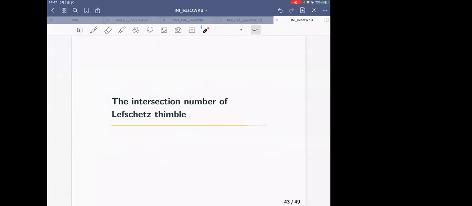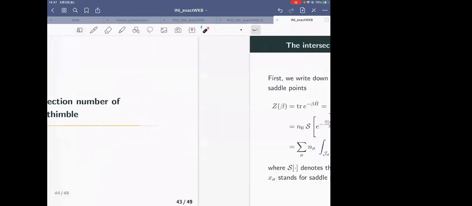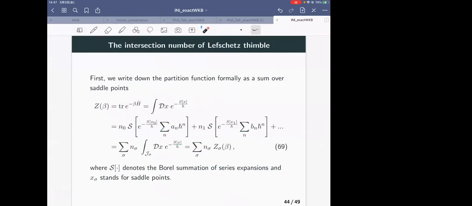Okay, after that, let's go to how to calculate the intersection number with this. First, in general, the partition function or some physical quantity can be written as a functional integral. And as we know, these functional integrals can be expressed as the trans-series or perturbative expansion around each saddle point. And its Borel summation is actually the same as the integration on the Lefschetz thimble.